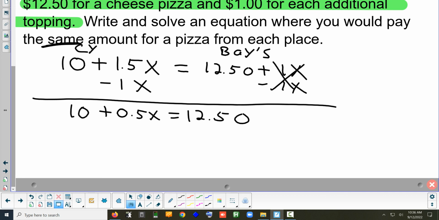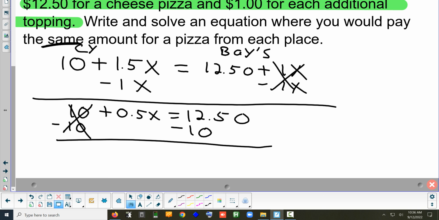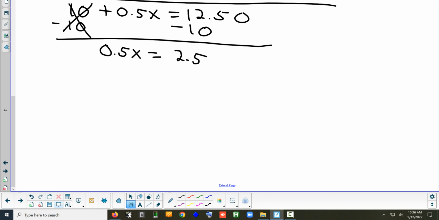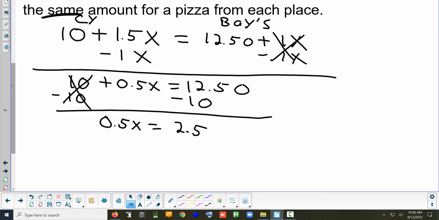How would I move this 10 to the right? Oh, John? Subtracting 10. Good. Subtract 10 on both sides. 10 is gone. 0.5x equals, what's 12.50 minus 10? Yeah? 2.5. It's like $2.50. And lastly, we have 0.5x.